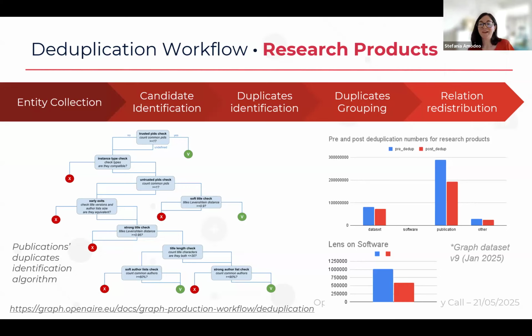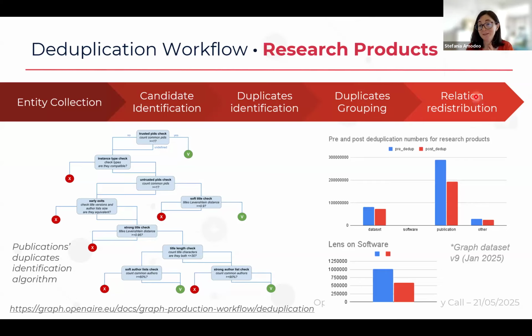What happens after is that these matches are grouped together, and for each group there will be one representative record that will contain all the information on that record. That's the example that I've shown you for the publication, keeping and maintaining the information collected from all the records identified as duplicates.